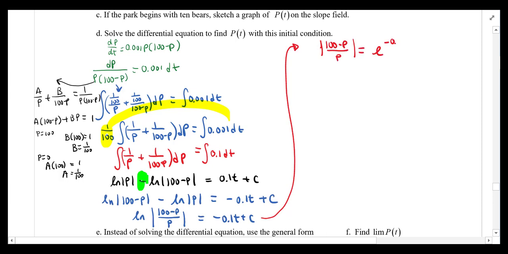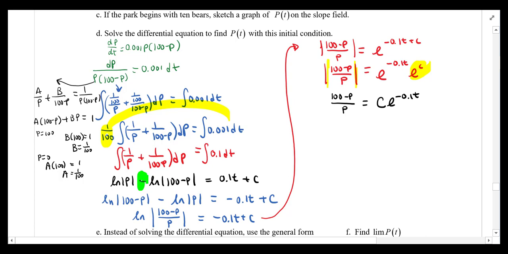To the negative 0.1 t plus c. Once again, that's e to the negative 0.1 t times e to the c, with a lovely 100 minus p over p on the left-hand side. e to the c in the absolute value creates this new constant: 100 minus p over p equals c e to the negative 0.1 t.